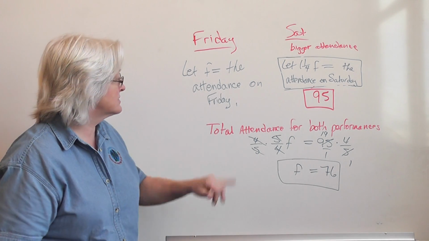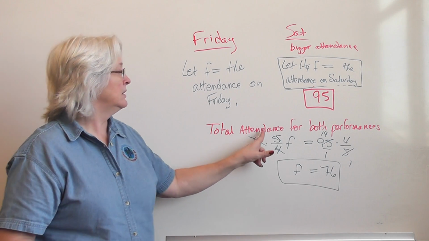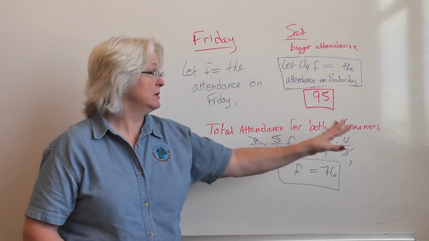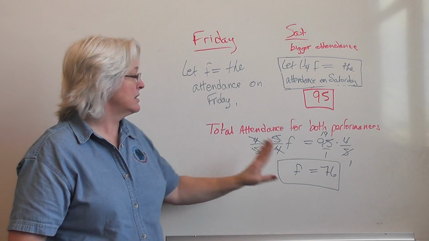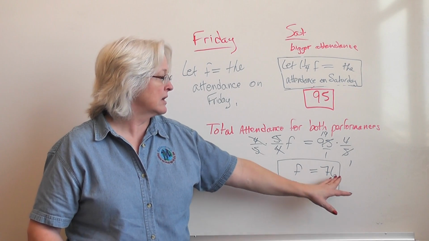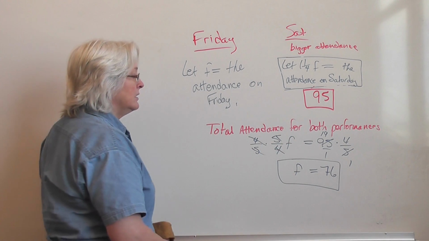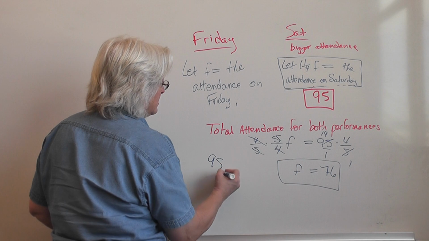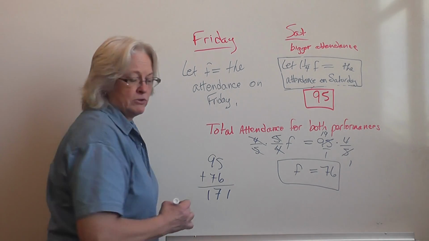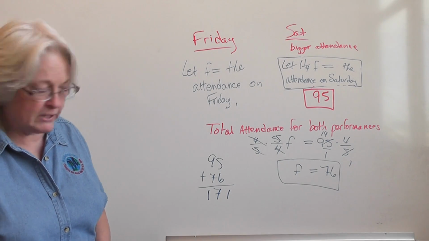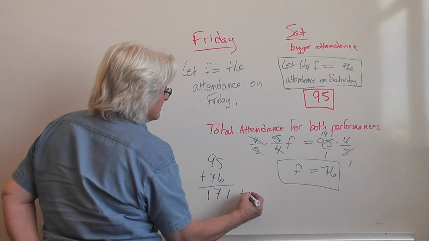No, you go back to the book and see that what they're asking us to find is the total attendance for both performances, not just Saturday's, which was 95, not just Friday's, which we have just now calculated, but the attendance for both days. And of course, that's very simple to find now. You're going to add Saturday's plus Friday's and you're going to see that your total attendance at that play for both days was 171 total attendance.